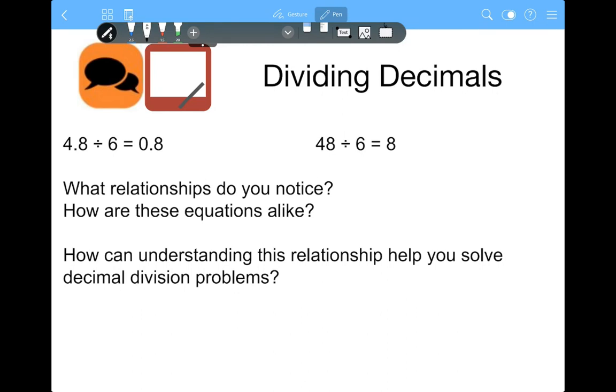We can notice that they both have the same digits. So here we're basically doing 48, but it's 48 tenths divided by 6 equals 8 tenths. And here it's 48 divided by 6 equals 8. But knowing that I can take out the decimal and then put it back in makes it so much easier, because now this problem is really similar to this problem.